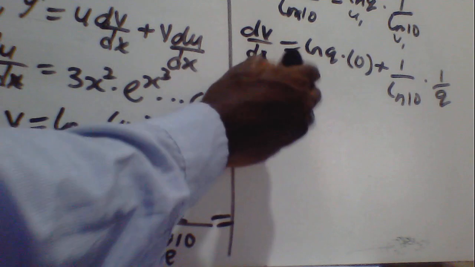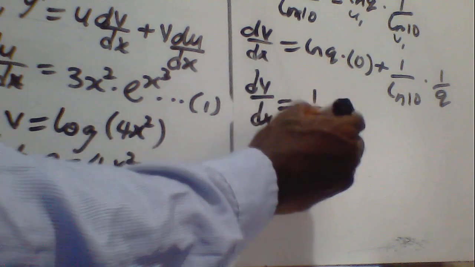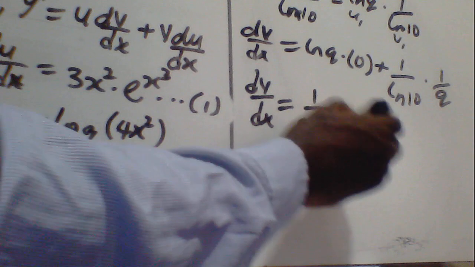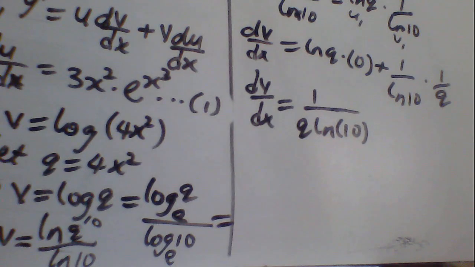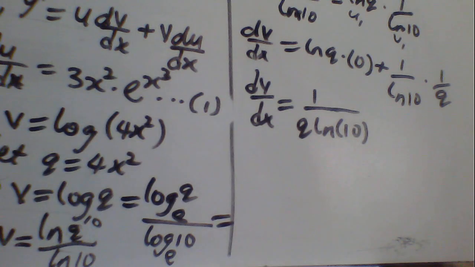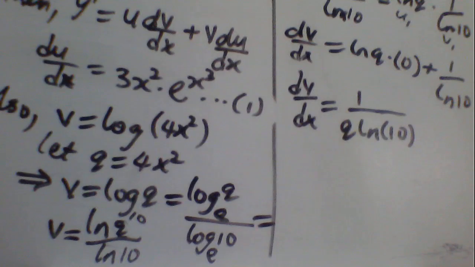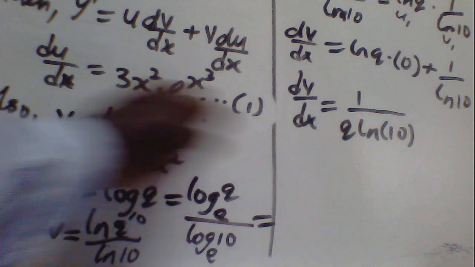So dv over dx is equal to 1 over q ln 10. Now we have gotten our dv over dx. I can clean here.